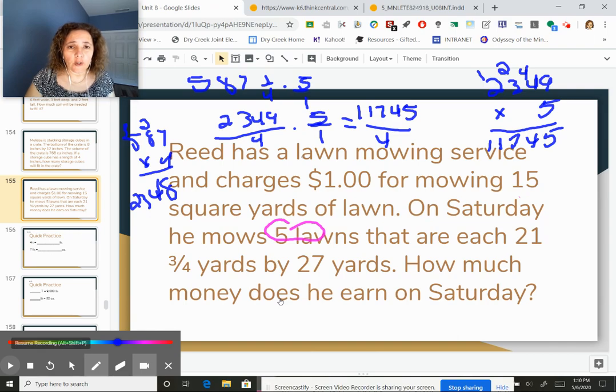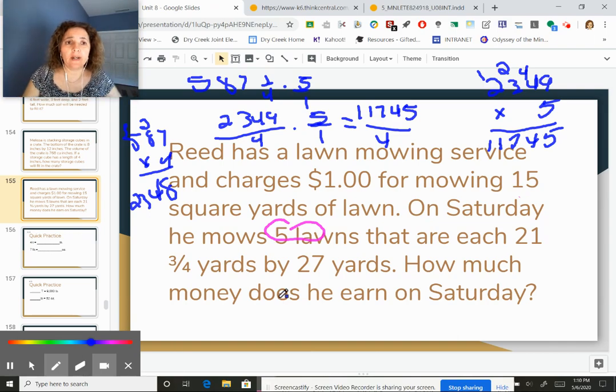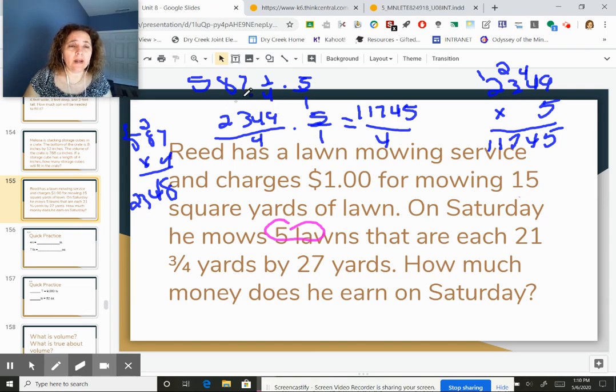All right, so let me show you some of the work that I've done because I'm running out of space. So I did 587 and 1/4. Okay. I got to turn this into an improper fraction, right? So I did 587 times 4. I did this over here. 4 times 7 is 28.